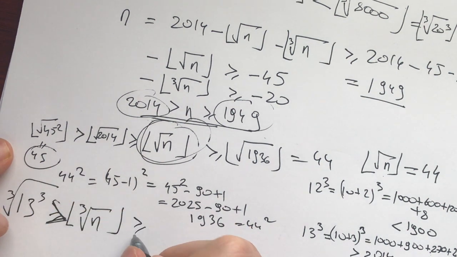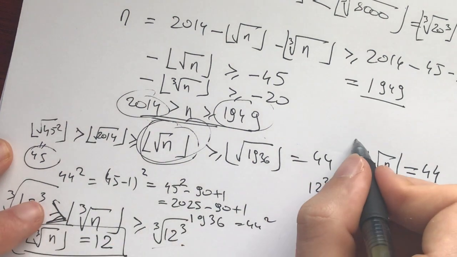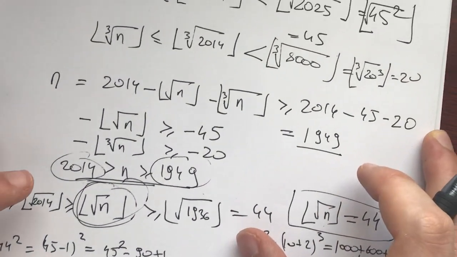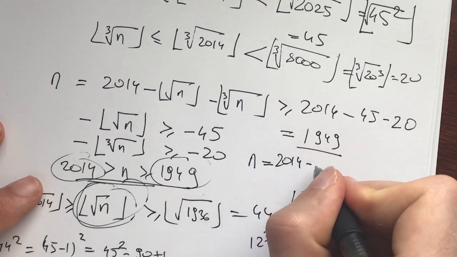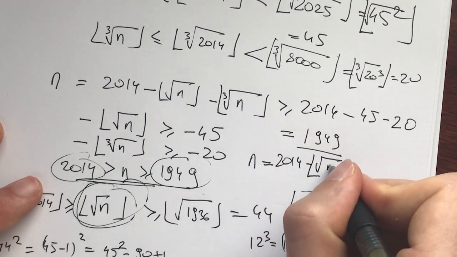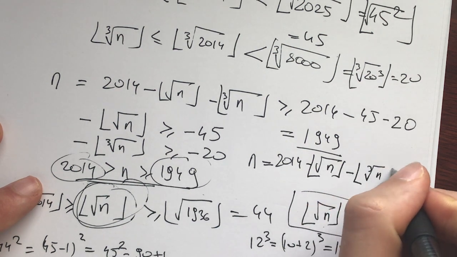And we know n is greater than or equal to 12 cubed. So now we know that the floor of the cube root of n is equal to 12. And now with these two things, what we're left with is that n is equal to 2014 minus the floor of the square root of n minus the floor of the cube root of n.